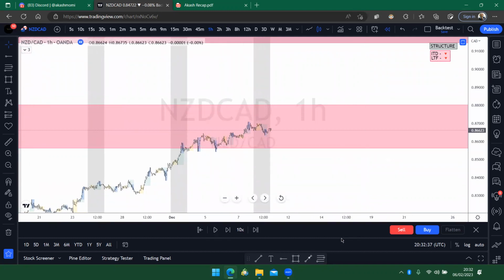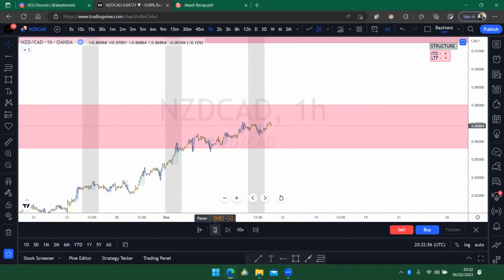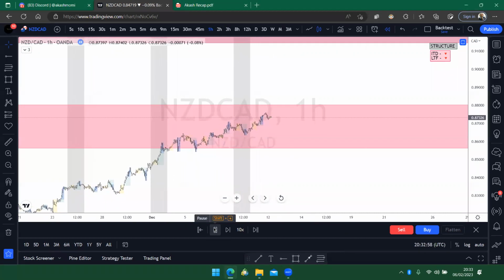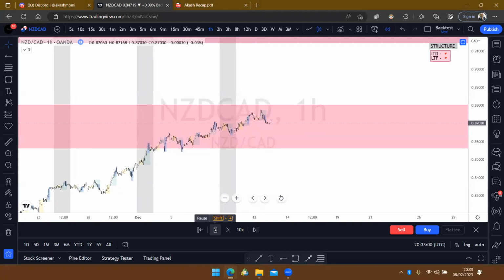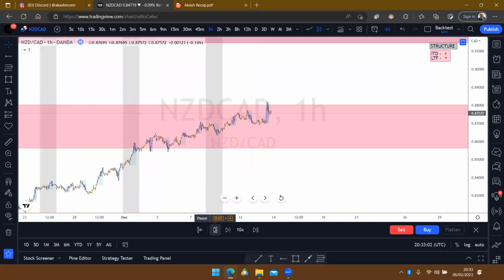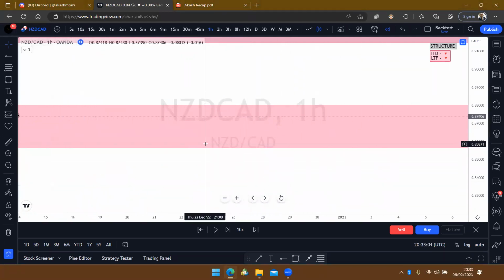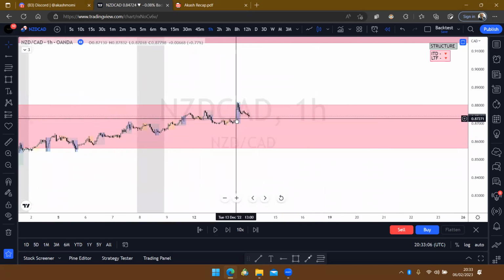So at the moment, I don't really see any weakness. I do see some sort of distribution in here, but again, I do need some sort of confirmation or, as I said, some sort of bearishness coming in. Nothing at the moment. I'm being patient. So I like that. I like that push.